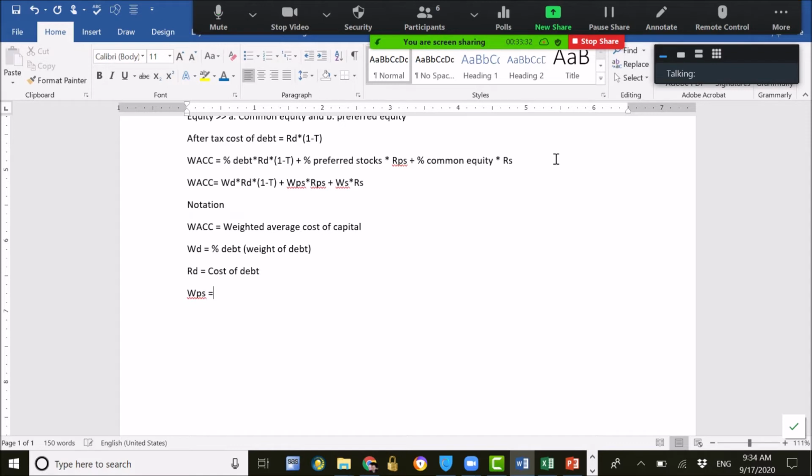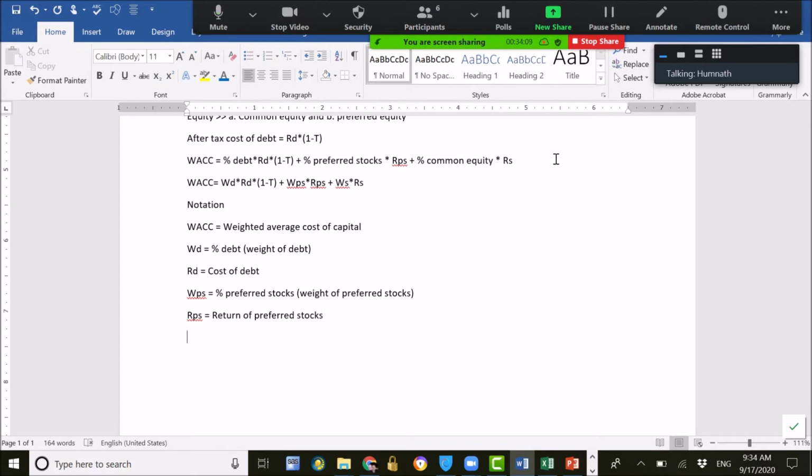WPS is percentage, which is weight of preferred stocks. RPS is return on preferred stocks, return on preferred stock.